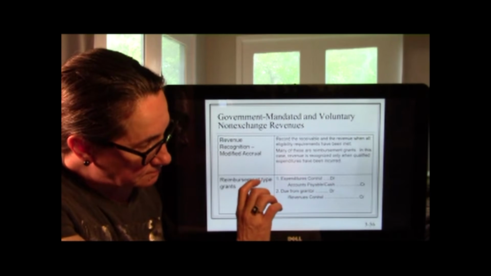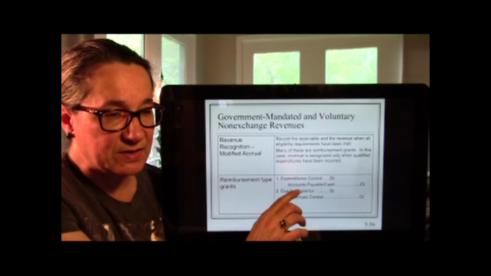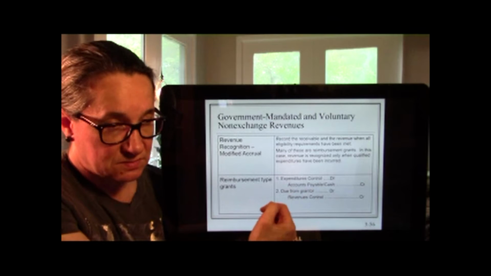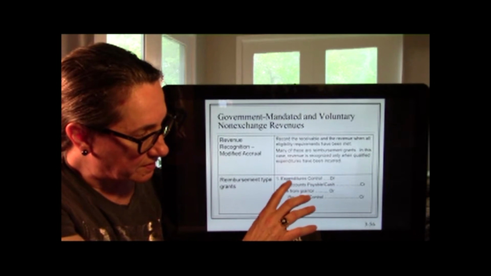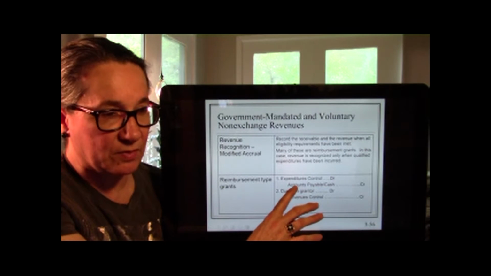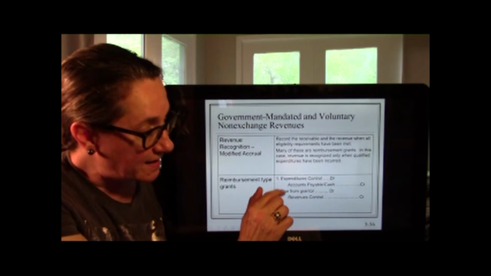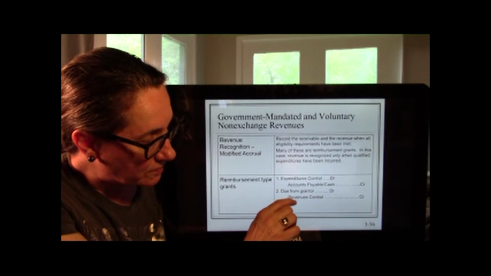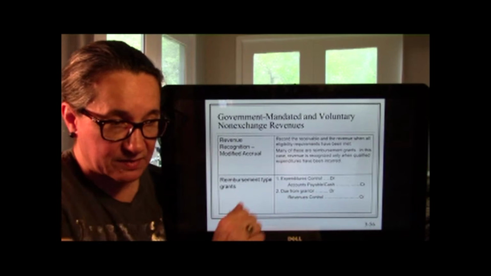So you're going to write that down as expenditure. I spent some money to do some school lunches, and I'm going to pay for those lunches later. Expenditures and accounts payable, or cash. So then that's when I put down my due from grantor and revenues. That's when I recognize my revenue, because I spent the money.